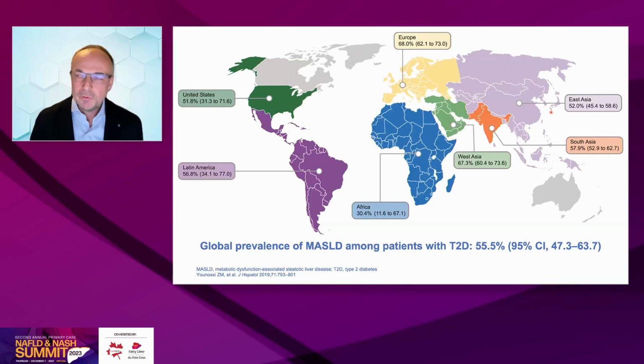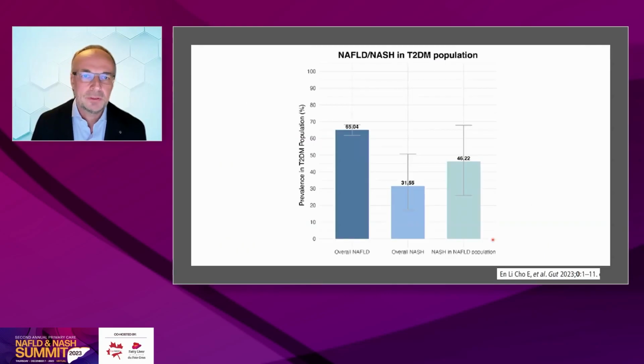If we then go into specific risk groups, which I think is very important, and there will be people later talk about how do we actually diagnose and what do we do and should we screen specific populations. If you look in patients with type 2 diabetes, here in this meta-analysis, more than 50% have it, and it's probably even higher in some populations.